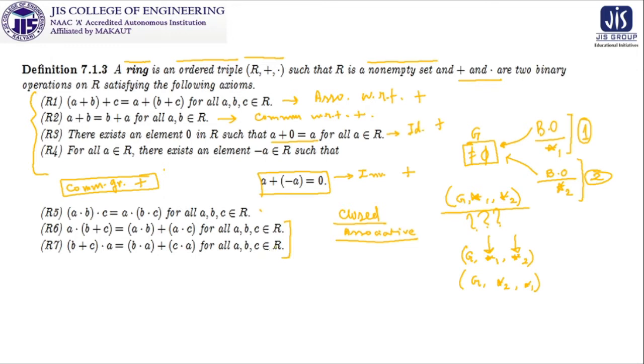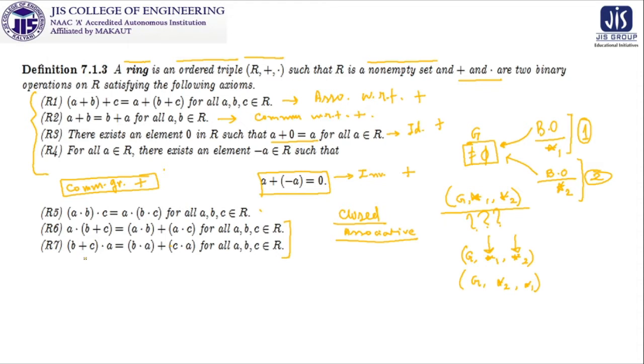So what we get, R6 and R7 give us a·(b+c) = a·b + a·c. It means you are taking the second operation dot, and this dot is distributive over plus. Look at this, dot is distributed: a·b + a·c.